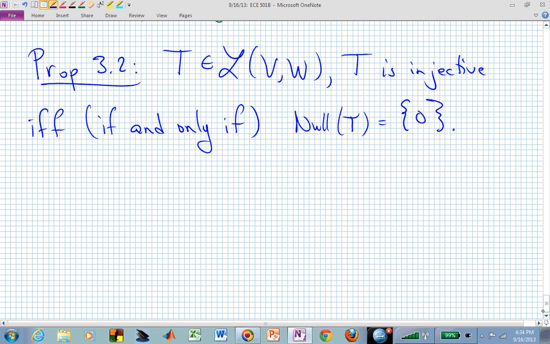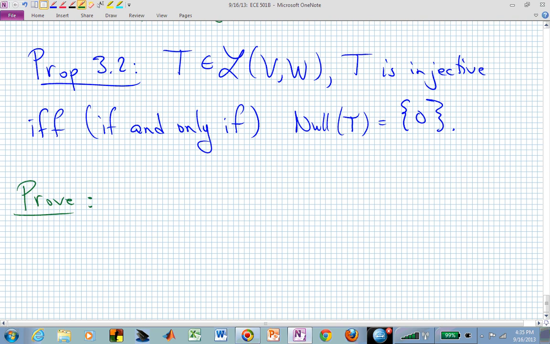Now, in order to prove this, if this is an if and only if proof, what do we do with an if and only if proof? Again, we're sort of going back and reminding ourselves of some of these proof techniques. If we have an if and only if proof, that usually means we have to prove it twice, in both directions.